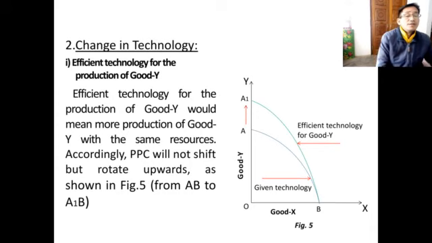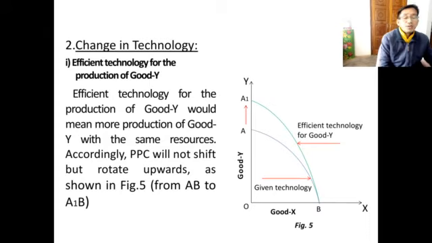Similarly, we can have another efficient technology for the production of good Y. Efficient technology for the production of good Y would mean more production of good Y with the same resources.